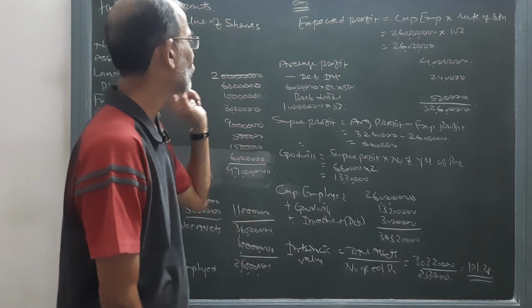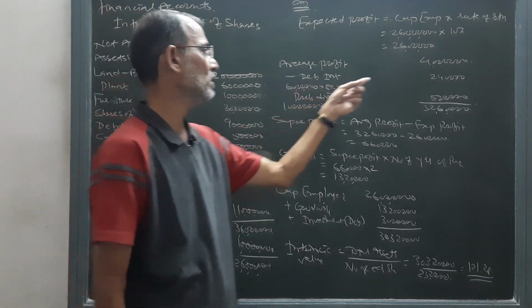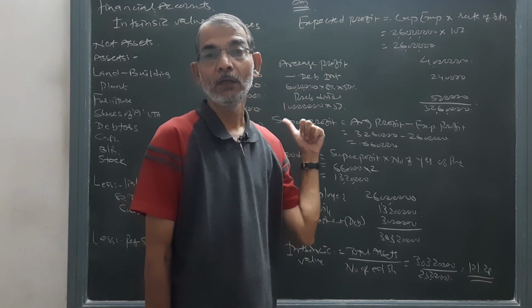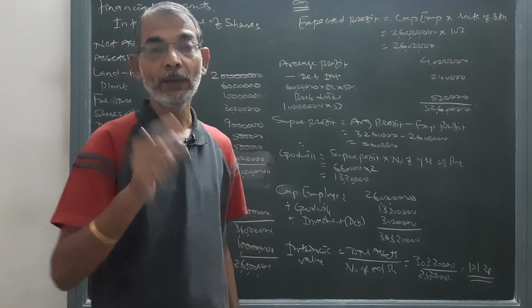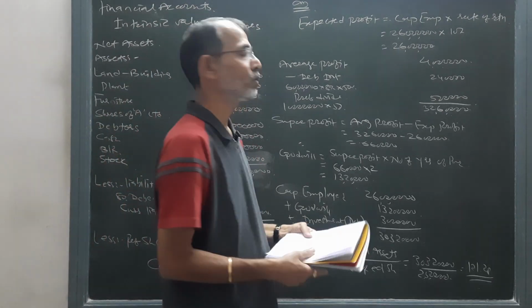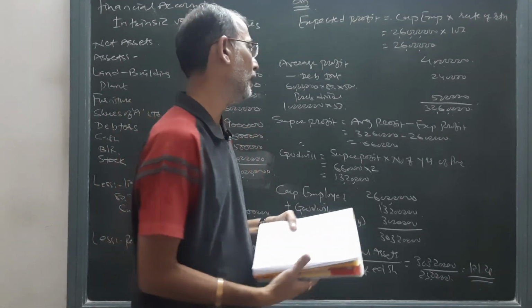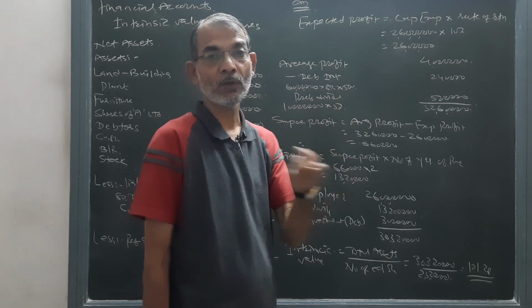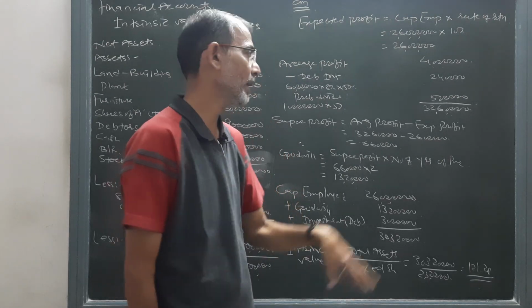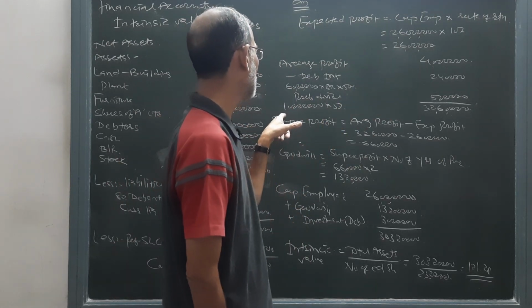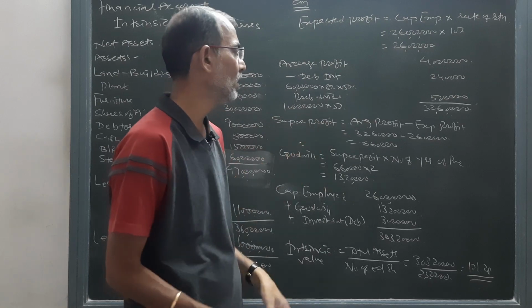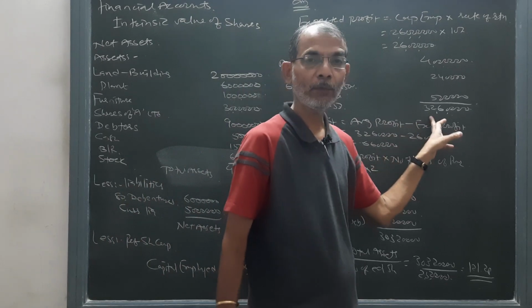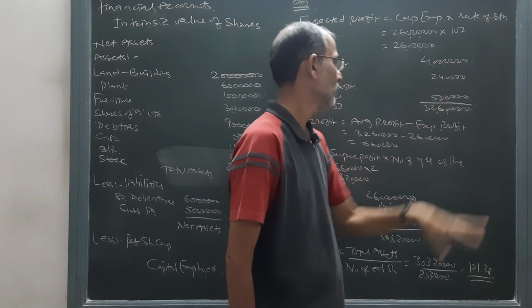Now we will come to average profit. Profit is 40 lakh. From that we have to subtract debenture interest because we haven't included debentures in assets. So its interest will also be subtracted on 60 lakh, 8%, 50% because 50% is income tax. Then preference dividend on 1 crore, 5%, 5 lakh. So total net profit remained 32 lakh 60,000.